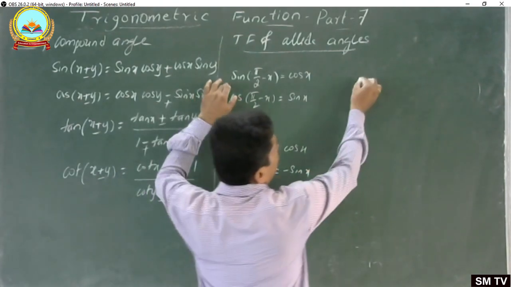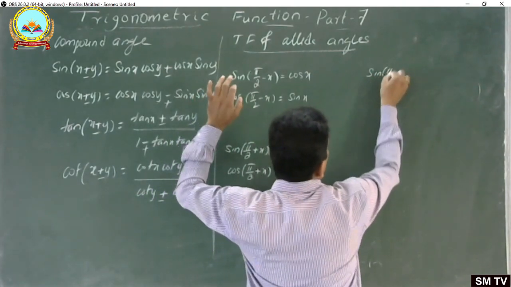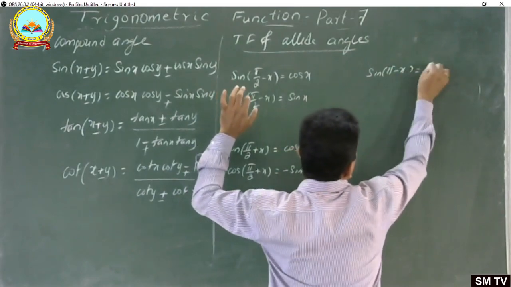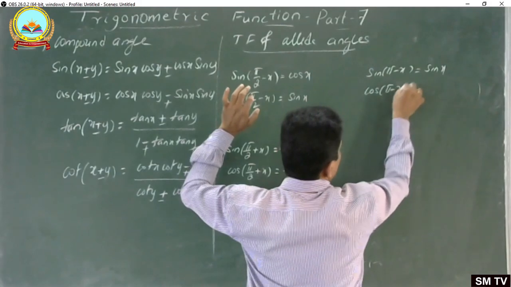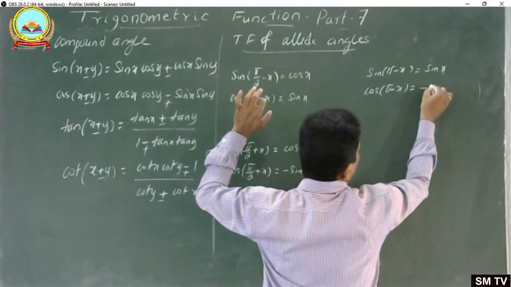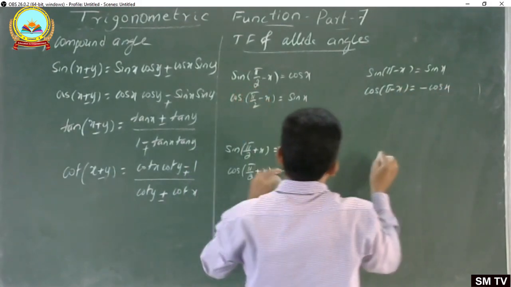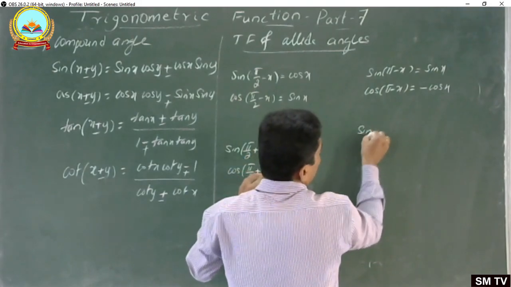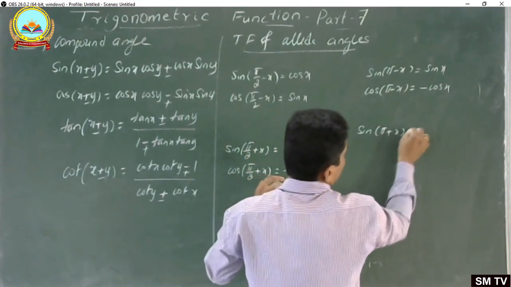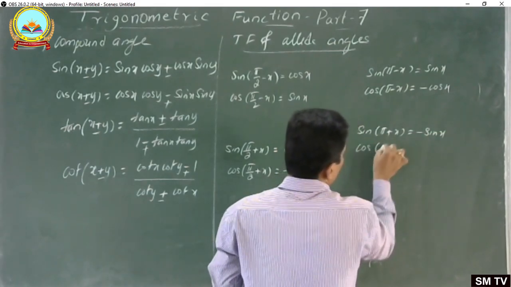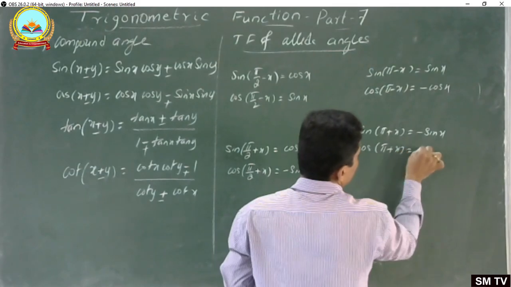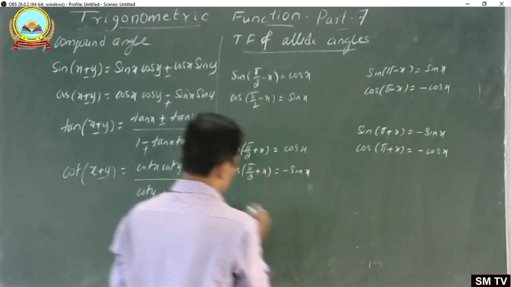And also you know that sine of pi minus x, its value is sin x. Cos of pi minus x, its value is equal to minus cos x. Sine of pi plus x is equal to minus sin x. Cos of pi plus x is equal to minus cos x.